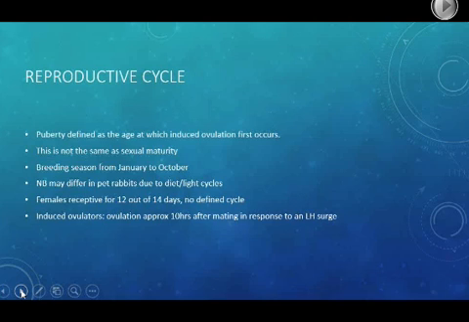You can tell if a female is in season by examining the vulva, which becomes pink and swollen when she's receptive. And most females will be receptive most of the time, and the statistics that I've seen suggest that most females will be receptive around 12 out of 14 days throughout the breeding season.